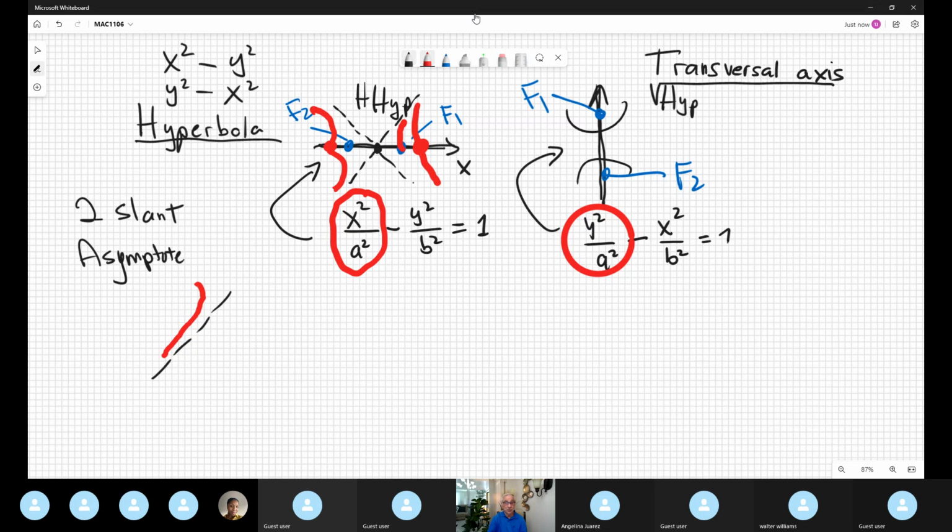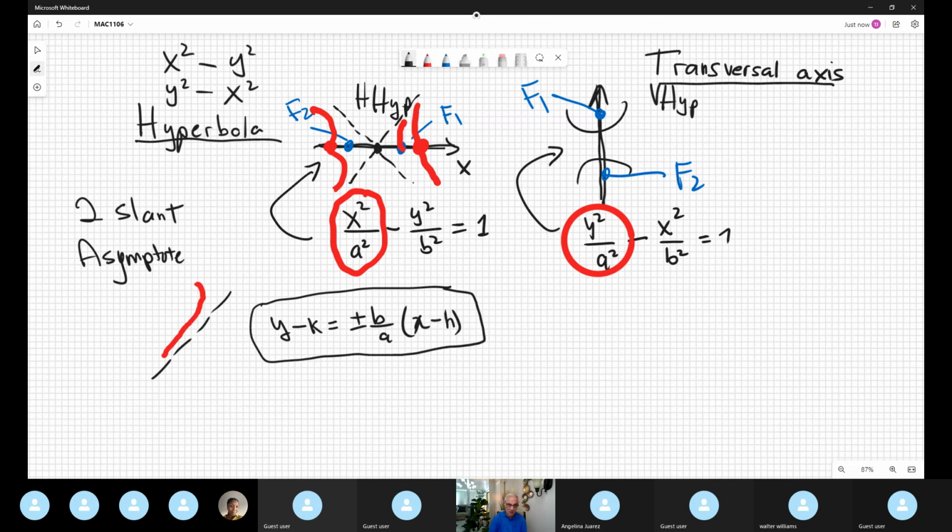So the equation for the asymptote is y minus k equals plus or minus b over a, times parenthesis x minus h. I don't know why in many books the equation of the asymptote is expressed this way. This corresponds to the point-slope formula of the line.